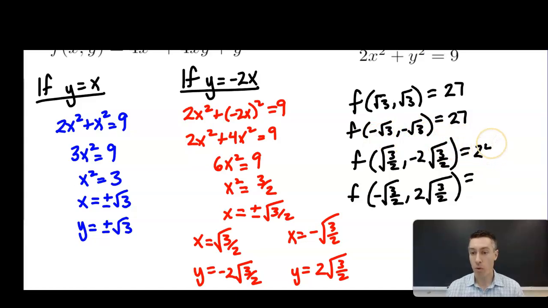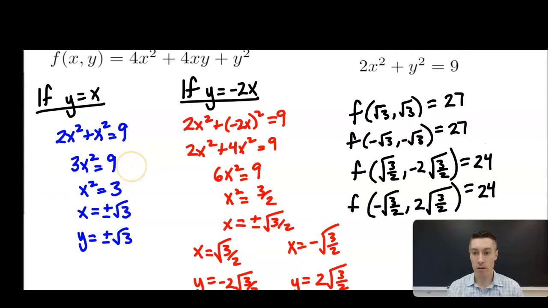And we get 24 as the output for our other two critical points. Okay, so that means that we have a max and a min. Maximum output of 27 occurs at 2 points along the constraint curve, and the minimum output of 24 at 2 points of the constraint curve.